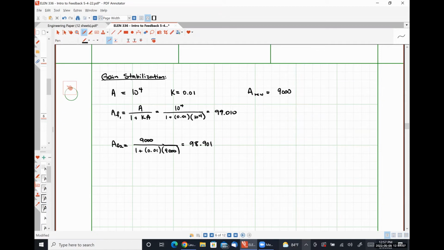So what I'm going to suggest is that we mathematically describe this phenomenon using a derivative. What I want us to do is take the derivative of our gain with feedback with respect to our open loop gain.